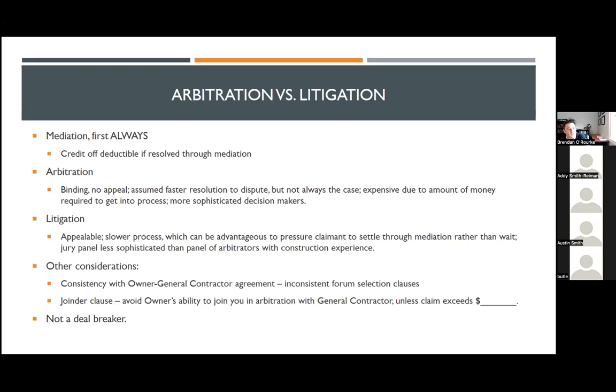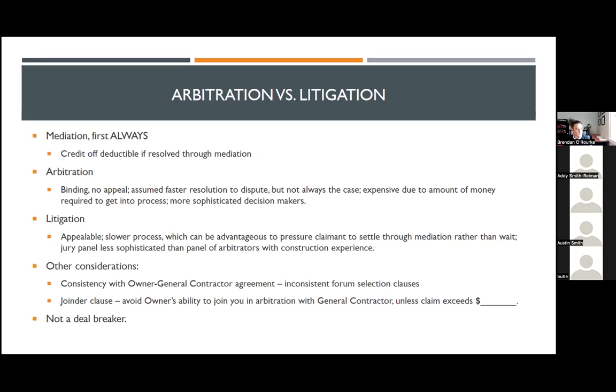They're going to be fighting with you in litigation and the GC in arbitration, or vice versa. And I think that is certainly helpful to resolving a case earlier in the process when the owner is looking at the fact that they may have to do this twice. They might get inconsistent results, and there's no way that the GC and the design professional will be pointing fingers at one another if they're both in the same forum together.